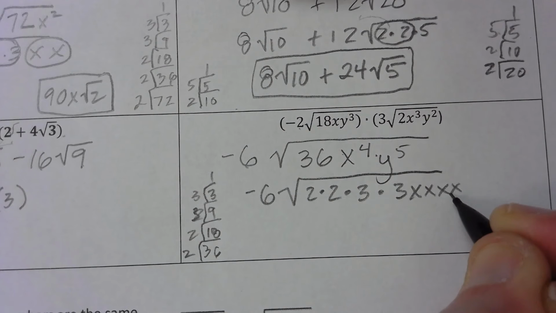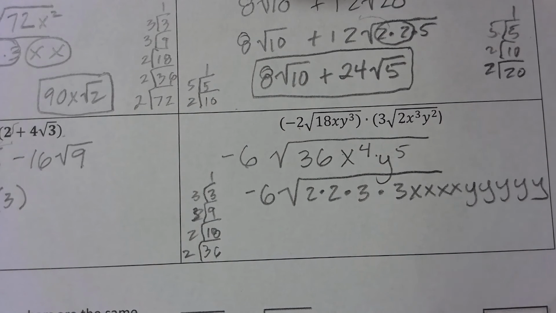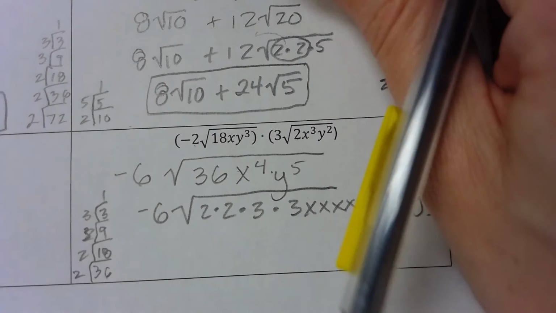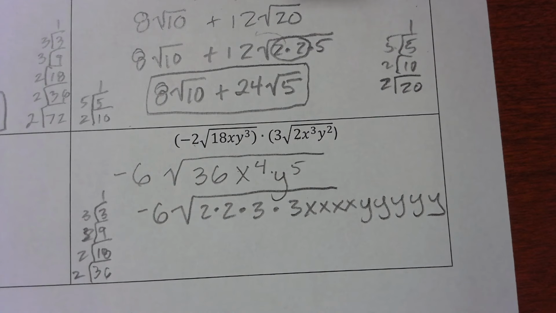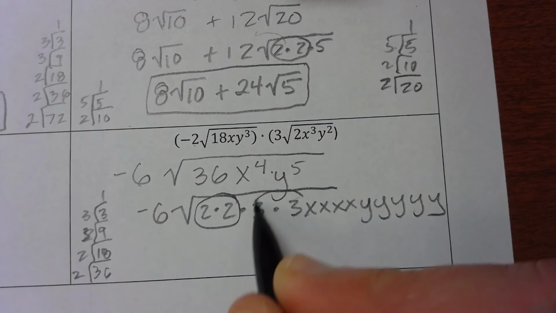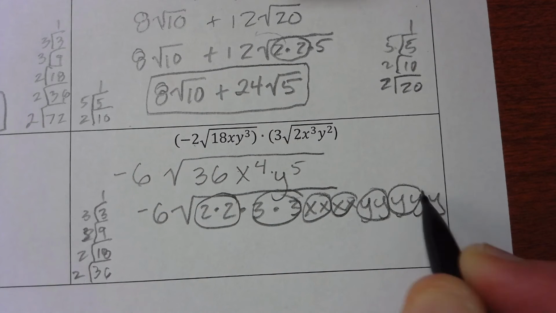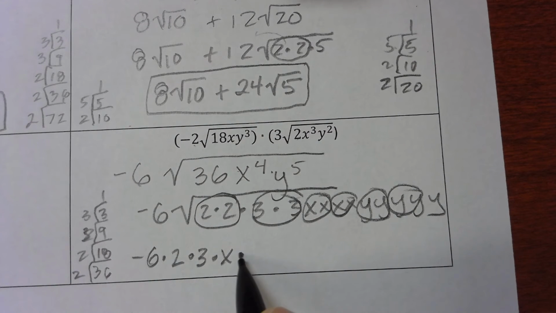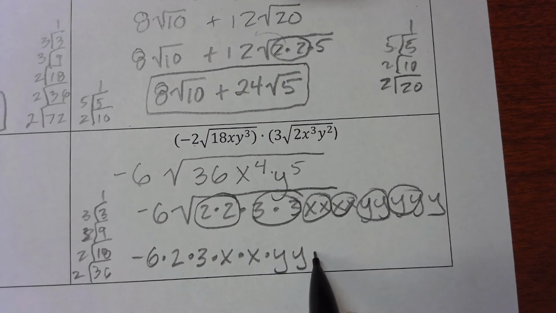X, X, X, X. Y, Y, Y, Y, Y. Again, if you can find a shortcut for this, I'm not opposed to it, but I'd rather you get it correct. So that's why I write it out. Circling pairs. Boom, boom. Pairs of Y's. Bring out a 2. Bring out a 3. An X, another X, a Y, another Y, and then one lonely Y left inside. So that's negative 36, x squared, y squared, square root of y.